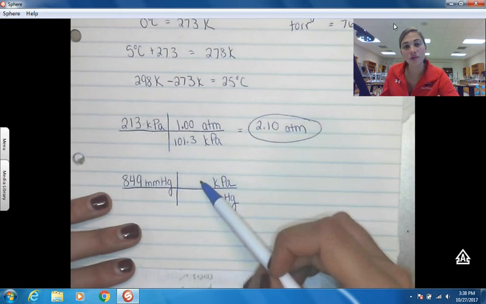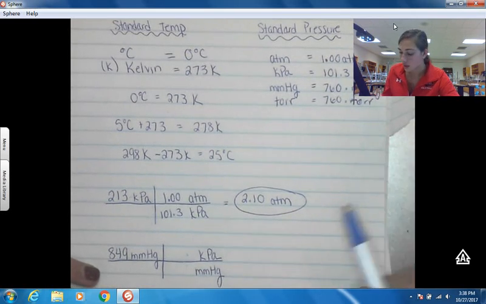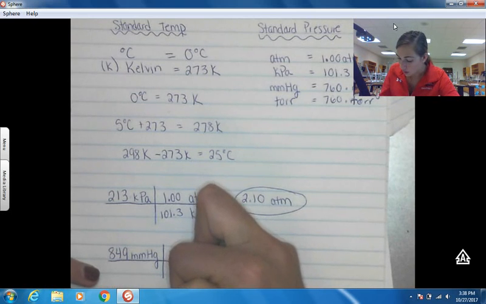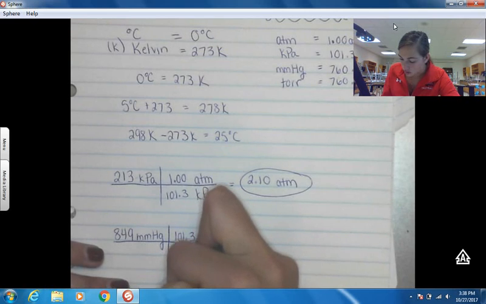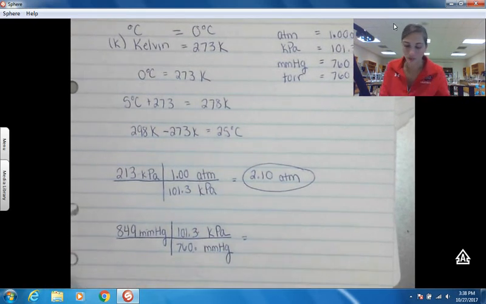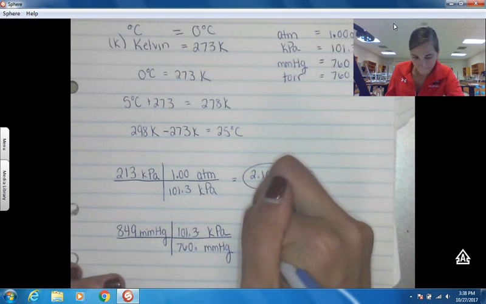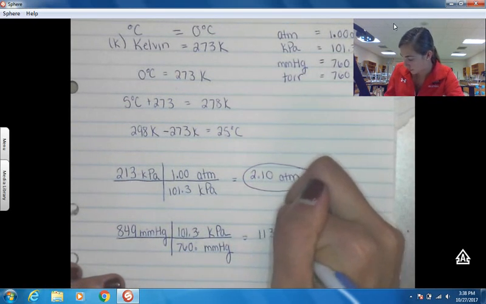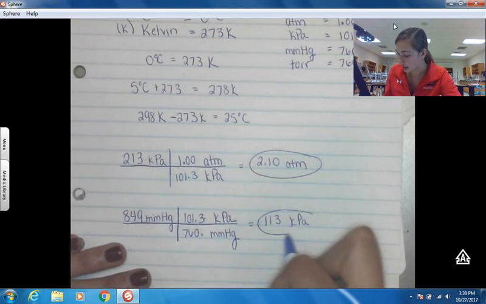Again, the numbers that go in front of them are the standard pressures for that unit. So kilopascals is 101.3, and millimeters of mercury is 760. So I multiply these two on top and then divide by what's on bottom. The answer that I got was 113 kilopascals.